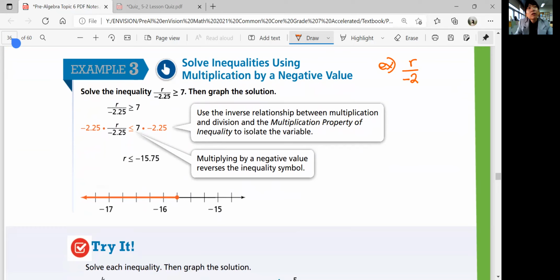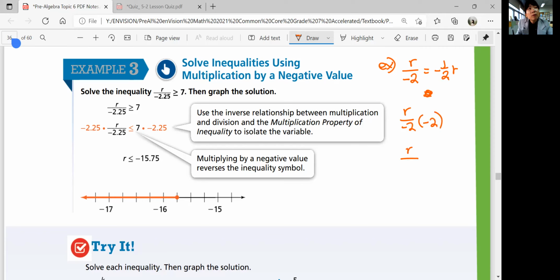In order for you to have positive 1R, what do you do? Opposite operation. That's really negative 1 over 2 R, which is R divided by negative 2. And in order for this to be R, you're going to multiply by negative 2.